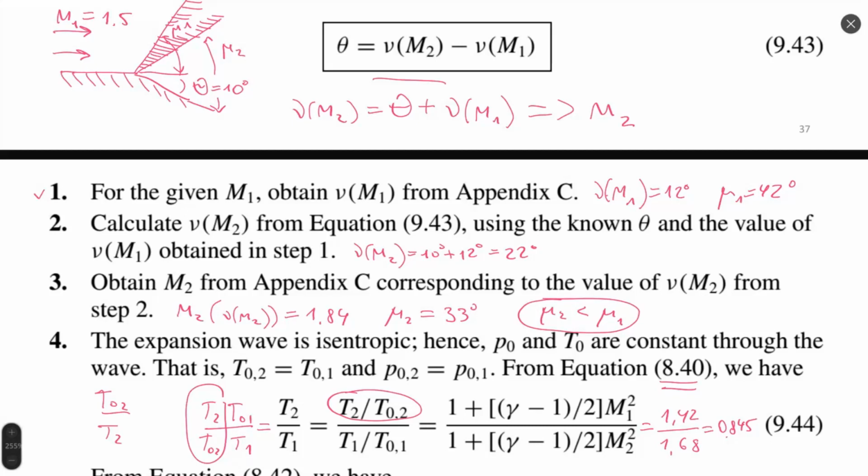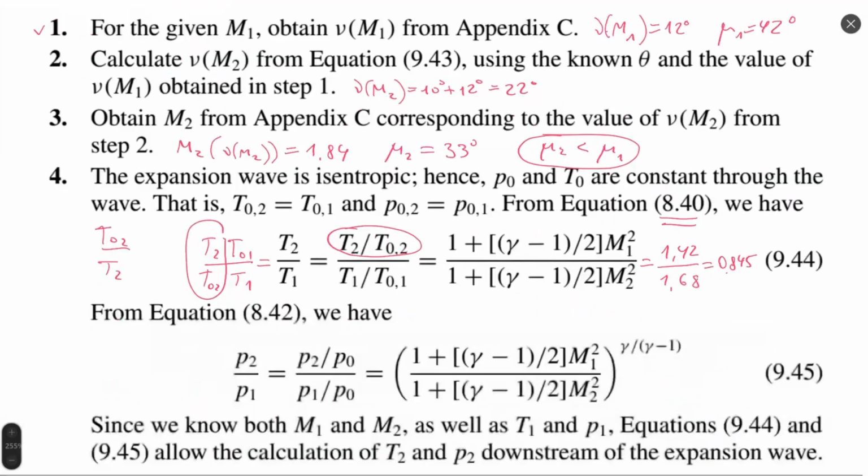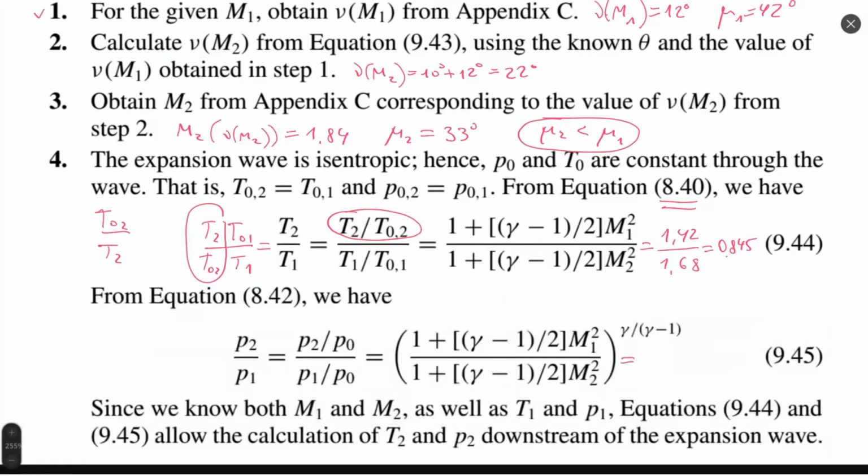Since we do not have a value of temperature as initial data, we can just talk about temperature ratio. And the same thing we can do for pressure ratio. I will make the same consideration, and looking at Appendix A, I will find the pressure ratio and put it in numerator and denominator.